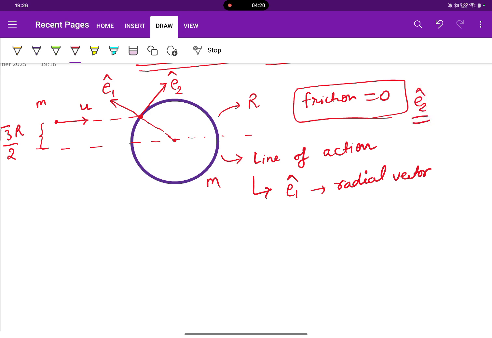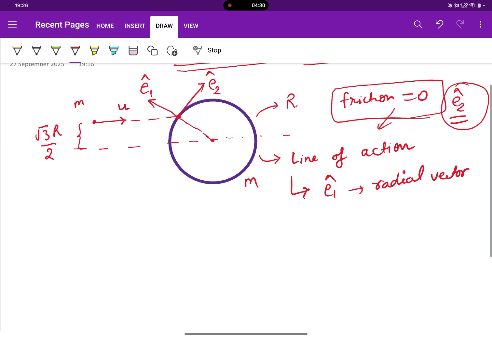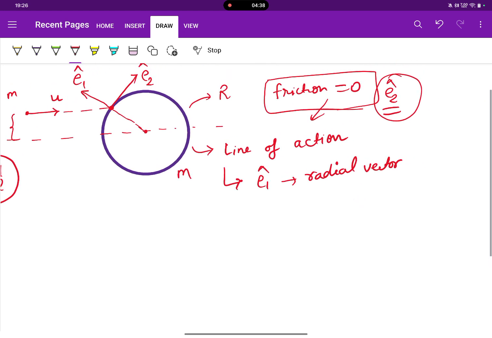So in general here, because friction is absent, momentum is going to be conserved, right? Not kinetic energy, because this is an inelastic collision, and the coefficient of restitution is given to you as half, so kinetic energy is not conserved. But because friction is 0, your momentum is conserved.